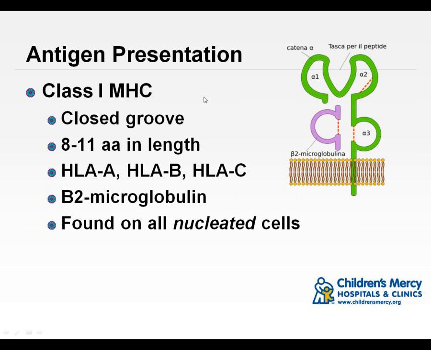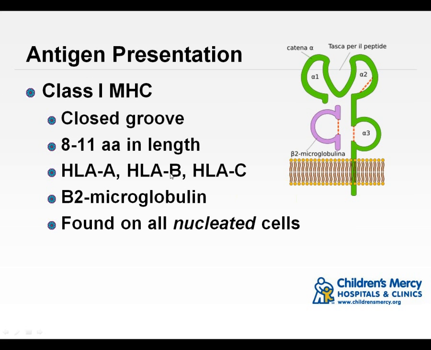It ends up being 8 to 11 amino acids in length, and it sits in this groove. And then it can present to, of course, what type of T cell? CD4 or CD8? CD8, very good. MHC class 1 is presented to CD8.